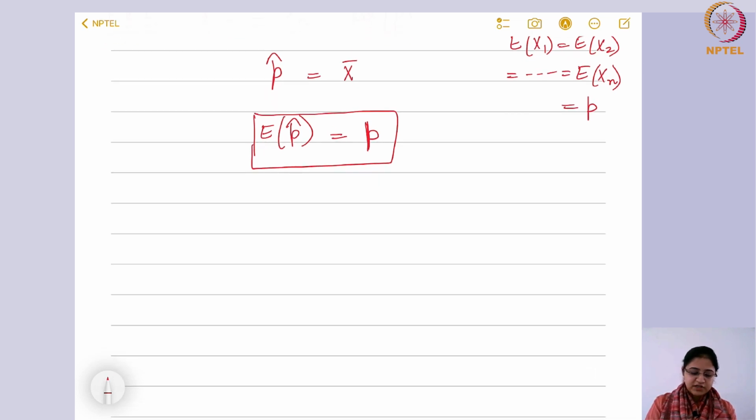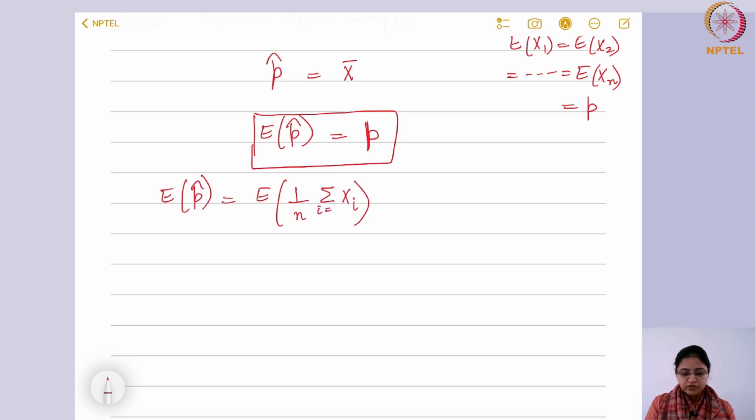So if I have to take expectation of p hat, we are starting with the left hand side. This is the same as expectation of 1 over n summation xi, where i goes from 1 to n. Now 1 over n can come outside because if expectation of ax is there and a is some constant, it is the same as a times expectation of x.